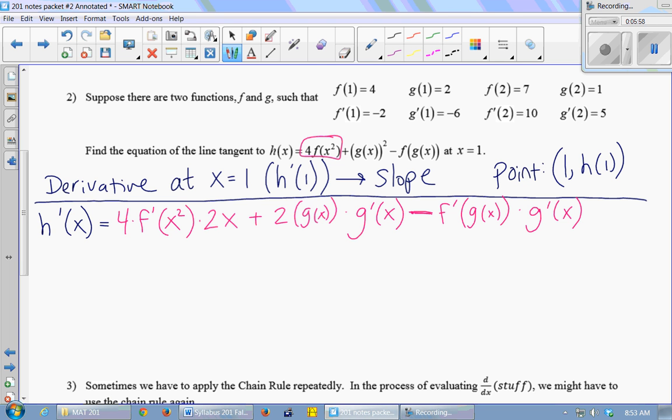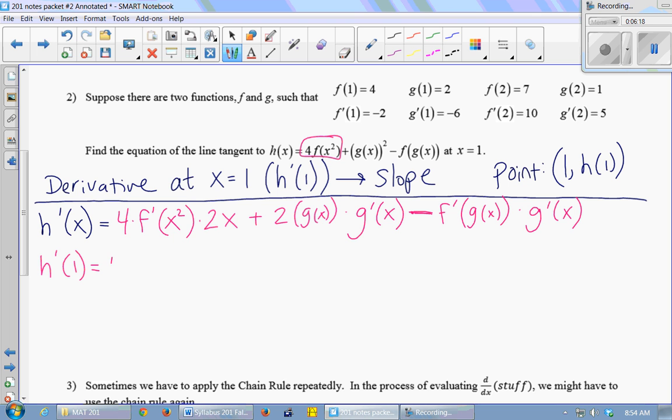Well, I'm trying to find the equation of a tangent line, right? I've just found the derivative, h prime of x. So now I have to plug in a 1 to get the slope of my tangent line. So h prime of 1. So when I put a 1 in here and square it, I get 1.